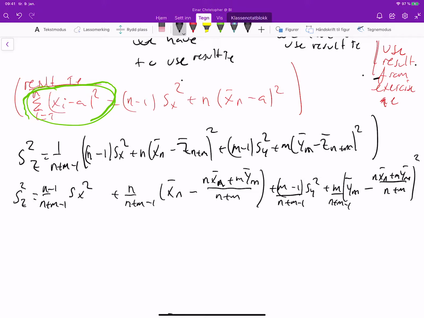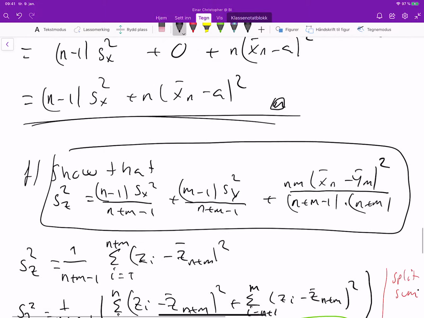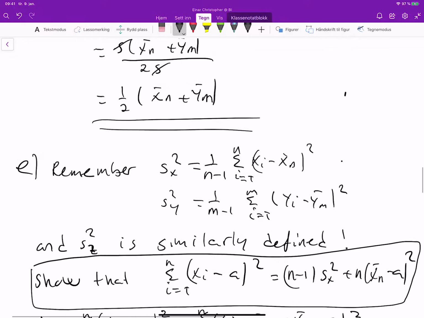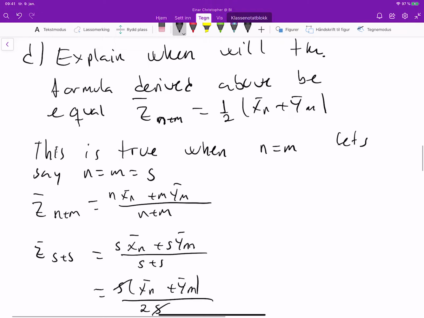So actually, what have we been doing here? We have multiplied this one into the parenthesis. Therefore, we get n minus 1 over n plus m minus 1 as x in the power of 2. And here we also multiply this one inside here, which gives n over n plus m minus 1. And then xn bar minus, and I then replace set n plus m bar with what we found earlier today.